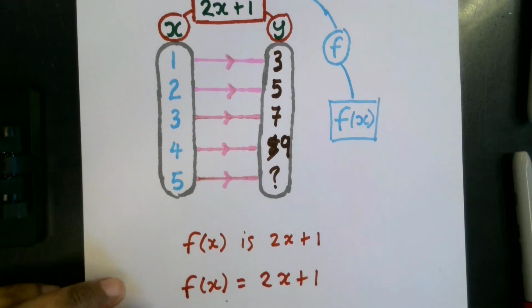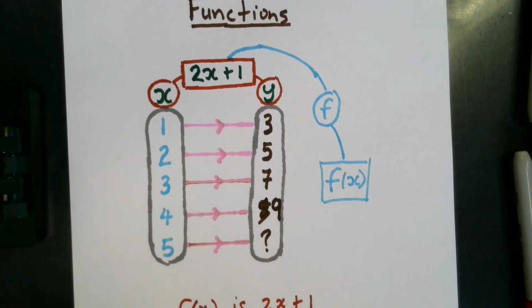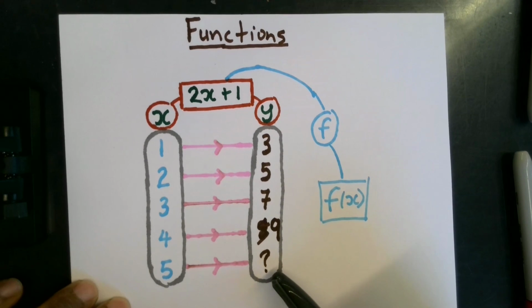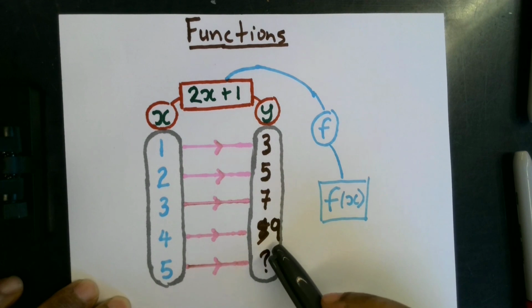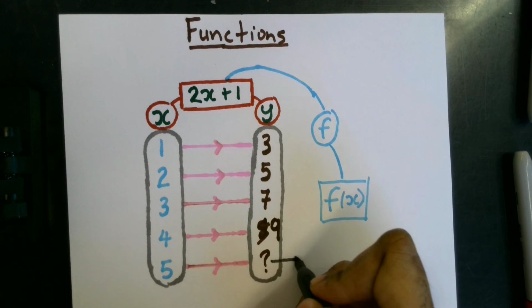Now, notice that I have a missing value here. And if I should ask you, what do you think this number should be? And I know that many of you would tell me that it should be 11.